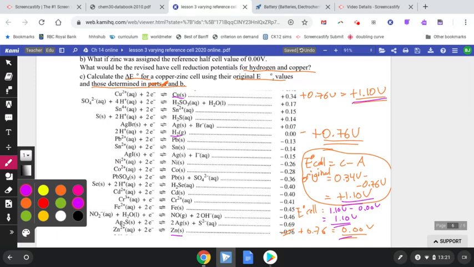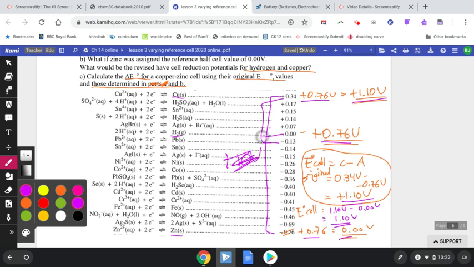Okay. Why is it the same? Why is it the same? Well, if we change both half cells by the same amount, their difference doesn't change. Hopefully that makes sense to you. This difference is 1.10 volts. It doesn't matter if I add 0.76 to both of them. I guess I wrote that wrong.